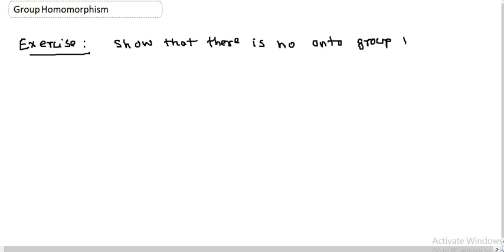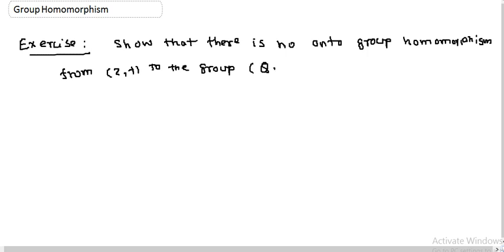Sorry, let me restate: onto group homomorphism from the group Z plus to the group Q plus. So Z plus is a cyclic group, and I ask you to check whether Q plus is a cyclic group or not.